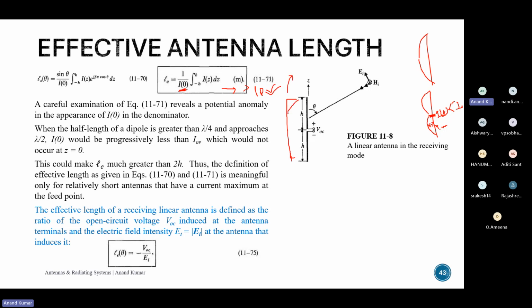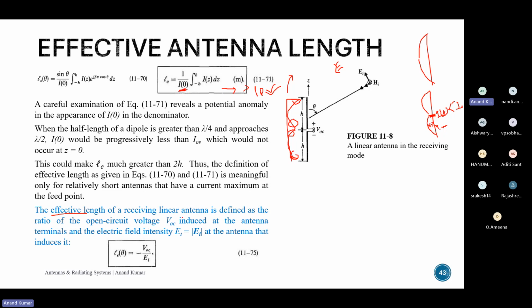But if you have something of this pattern, it implies some regions have lower current values, and hence the effective field values should be lower. So we have come up with a different expression for the effective length for antennas whose lengths are comparable to the wavelength of the antenna.